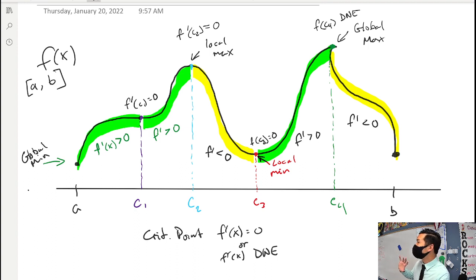But what I want you to take away now is after you find those critical points, did you notice that the only times your function will change from increasing to decreasing will only occur around your critical points? There's no other way, right? You can't have a function go from increasing to decreasing without it going through a critical point. Do you see what I'm trying to say?